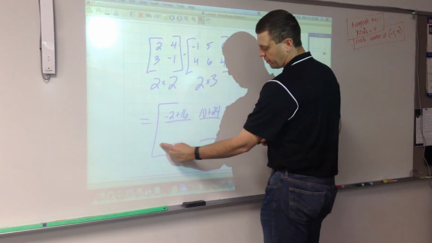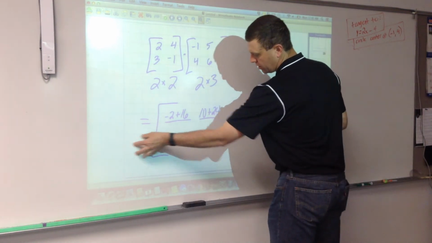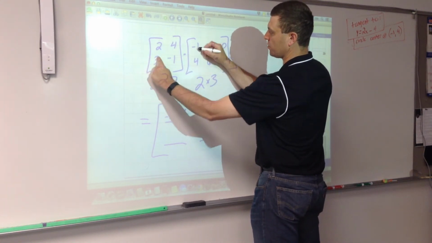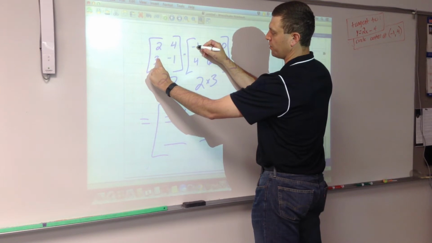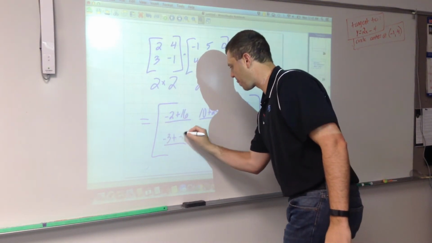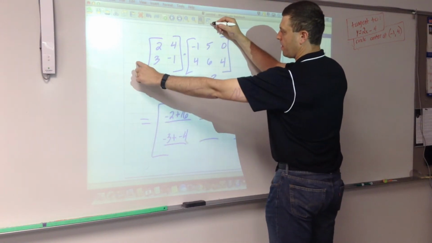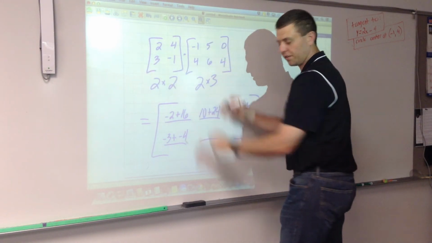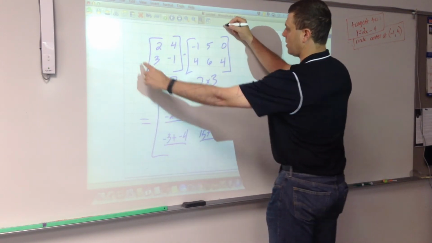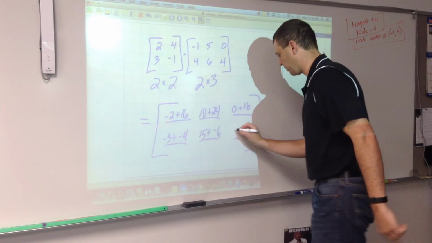Somebody different down here. What am I going to have to use? So right like this. Yeah. Okay? So negative 3 plus negative 4. 15 plus negative 6. 0 plus negative 4.